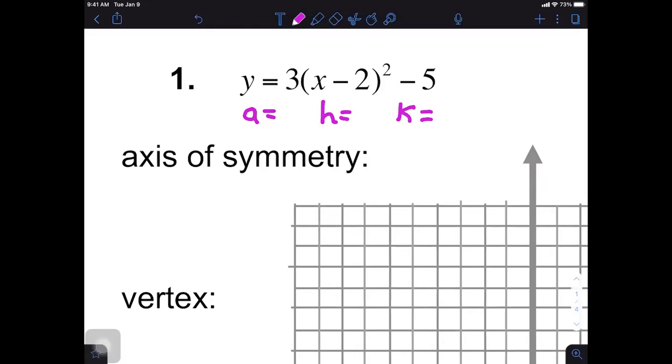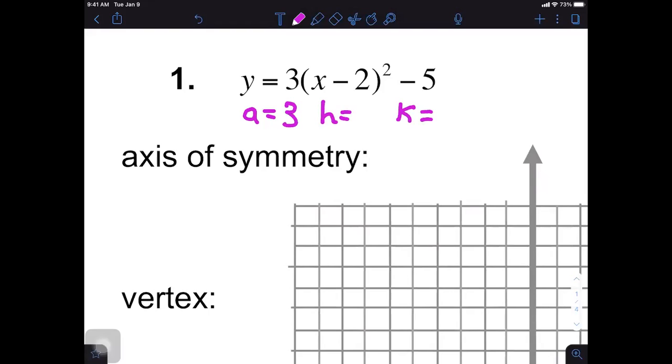Chase, what is the A, what's the H, what's the K? The A is 3, and then the H is -2, and the K is... was that right for the H?